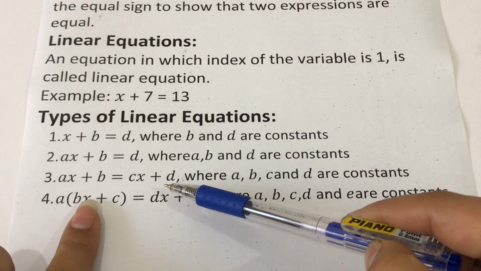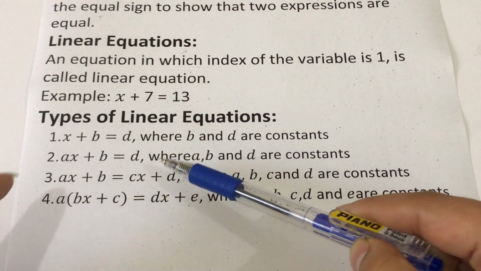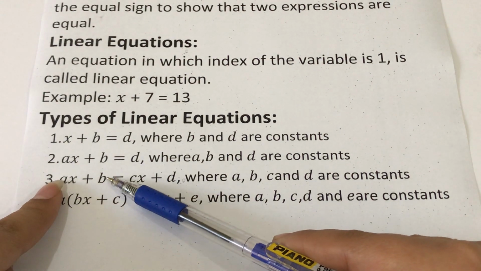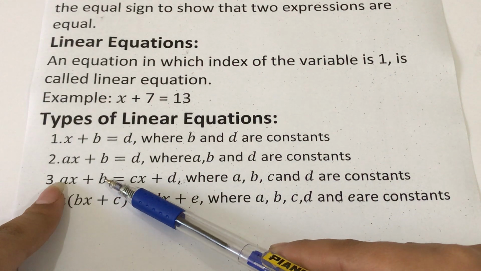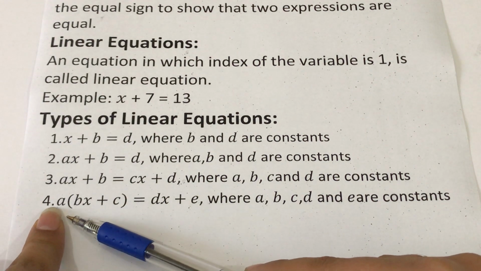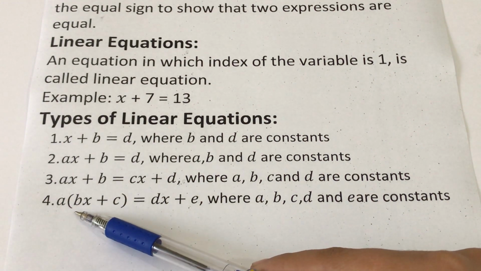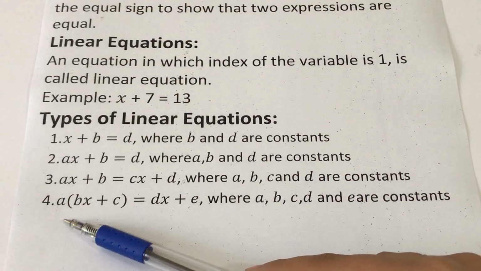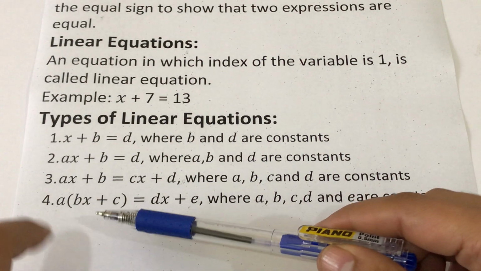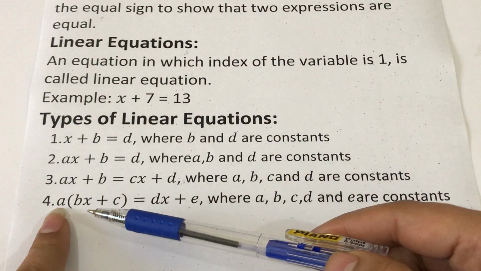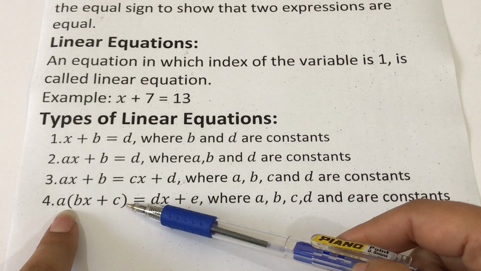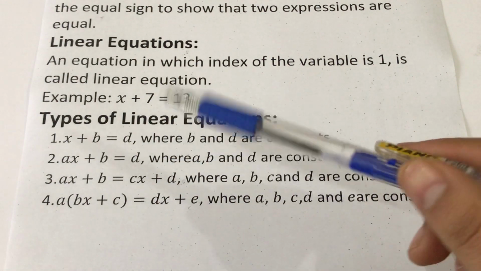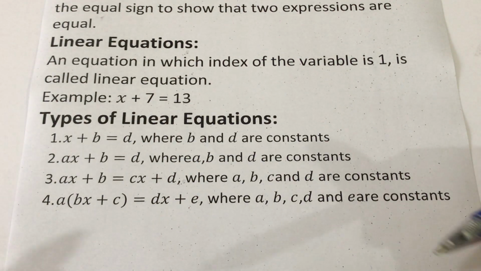The difference between third and fourth type of linear equation is, in the third you have no multiple outside of the bracket, but in the fourth type you will have a multiple outside of the bracket. So first when you have to solve this equation, you have to remove the bracket first, like we were doing in our chapter number 4, right?